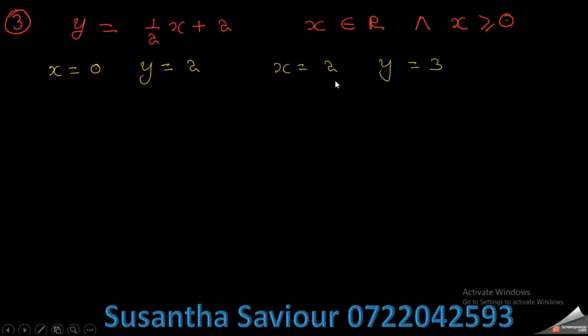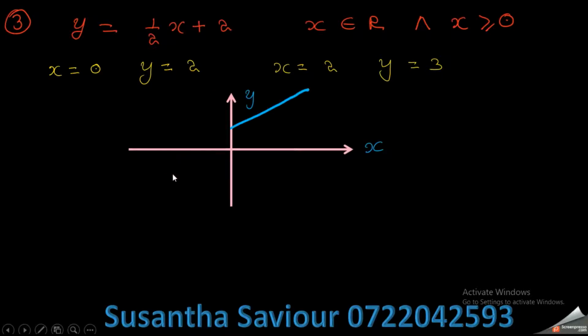So what we would do is give a value in this domain. The simplest thing is x equals 2, which is a better simplification also. y is equal to 3. Now we've got 2 points, (0, 2) and (2, 3). Then we can sketch this straight line. So this is the straight line.